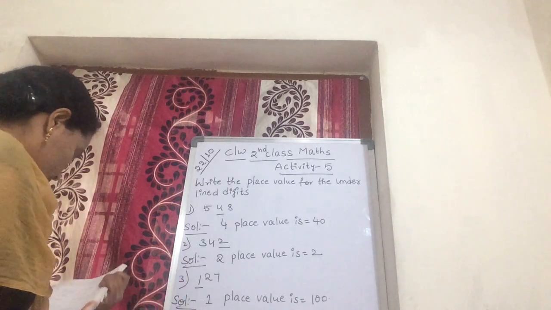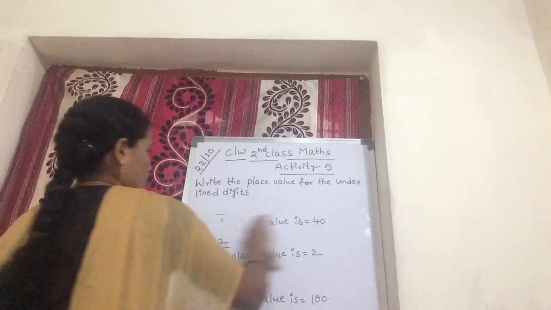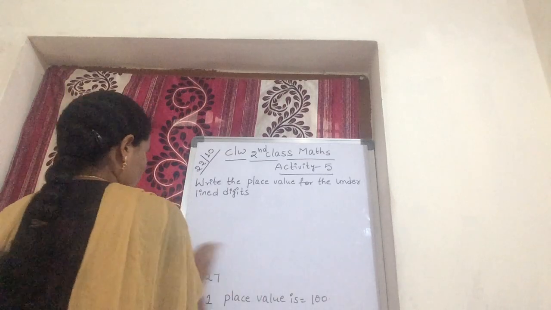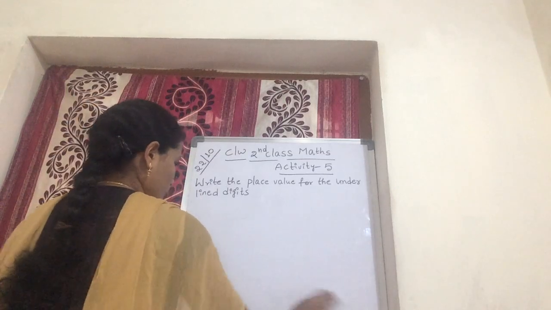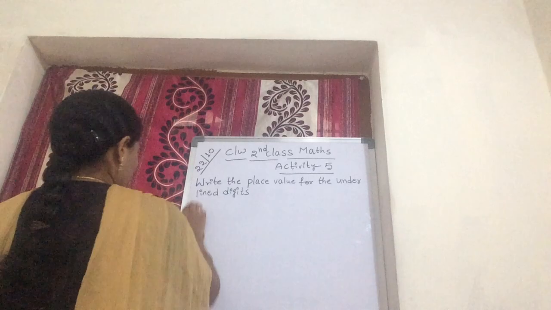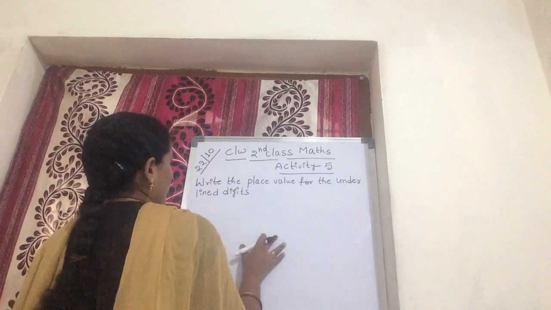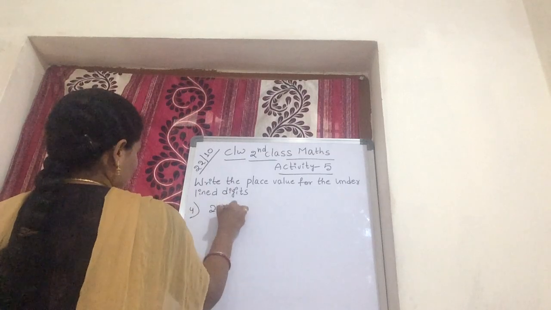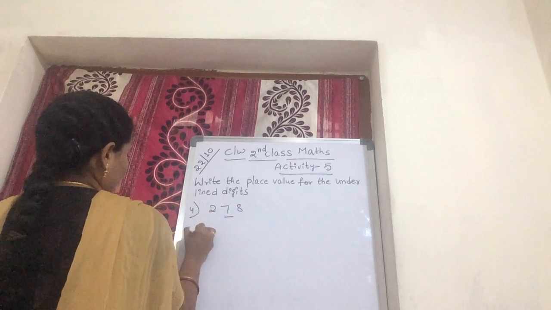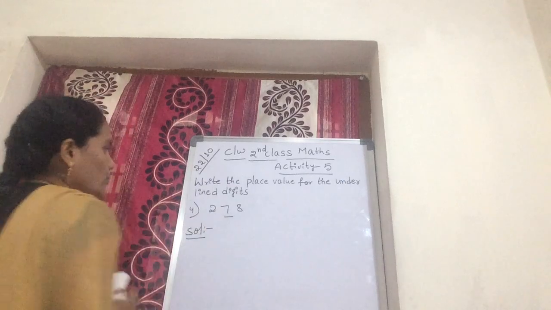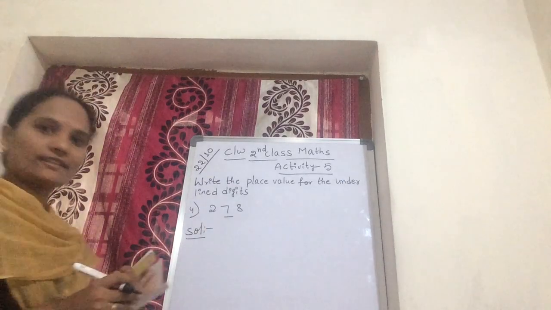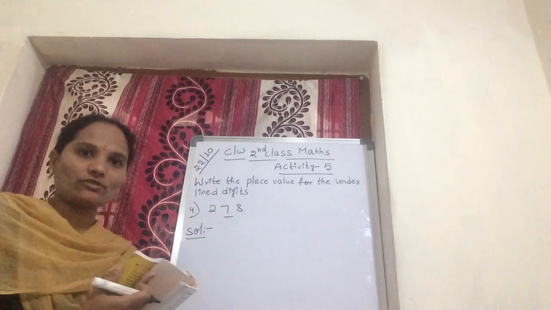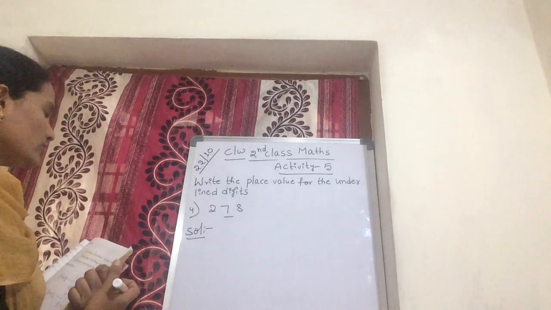One more. What is our number? 278. Where is it underlined? 7. 7 is in which place?